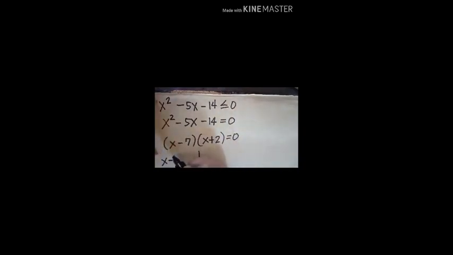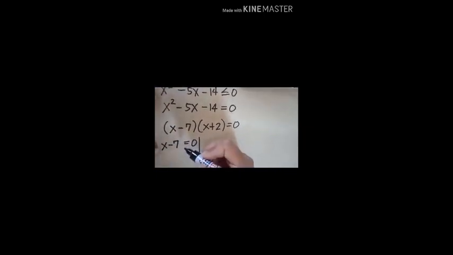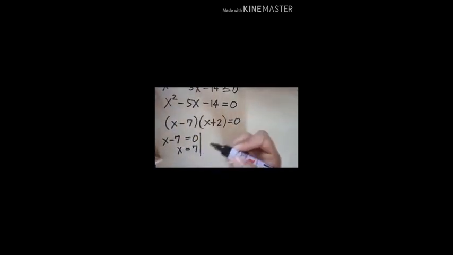So, we are going to have x minus 7 is equal to 0. So, therefore, x is equal to positive 7. Then, we have x plus 2, yung isang factor natin, is equal to 0. So, therefore, x is equal to negative 2. So, again, ipla-plot natin itong points na to sa number line.